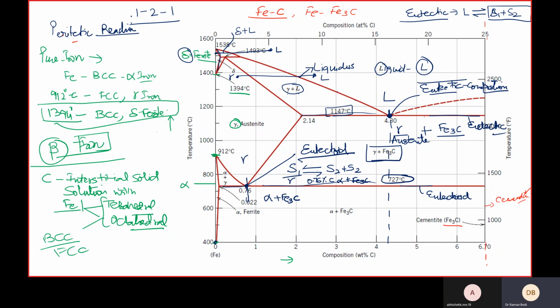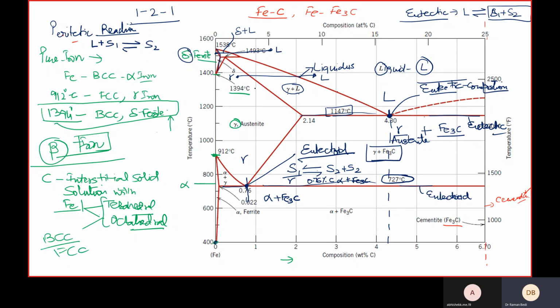What happens in a peritectic reaction? One liquid plus one solid phase on cooling will give rise to another solid phase, or vice versa.